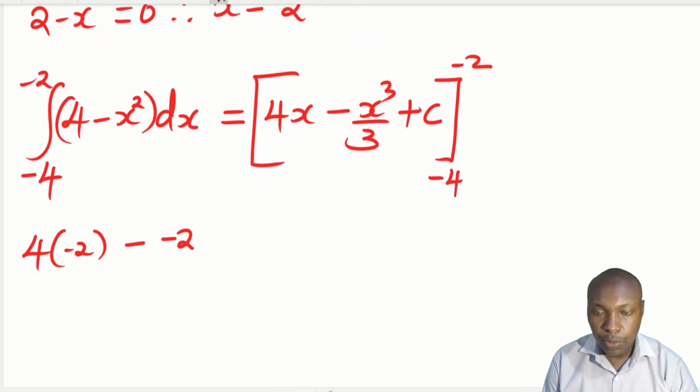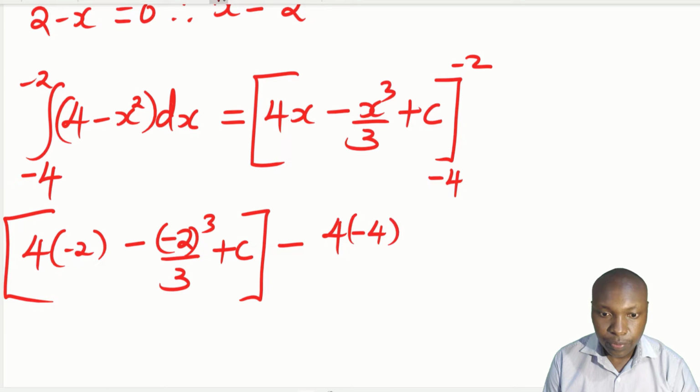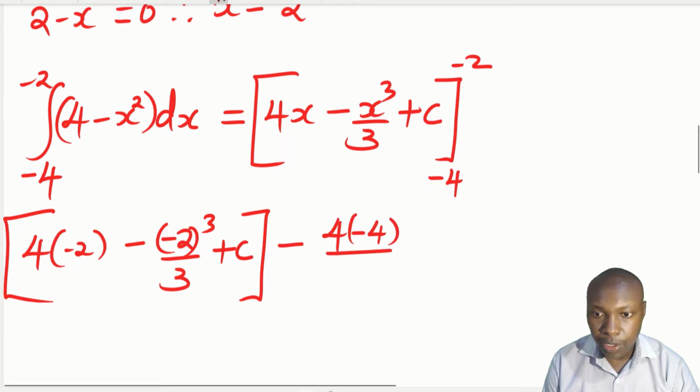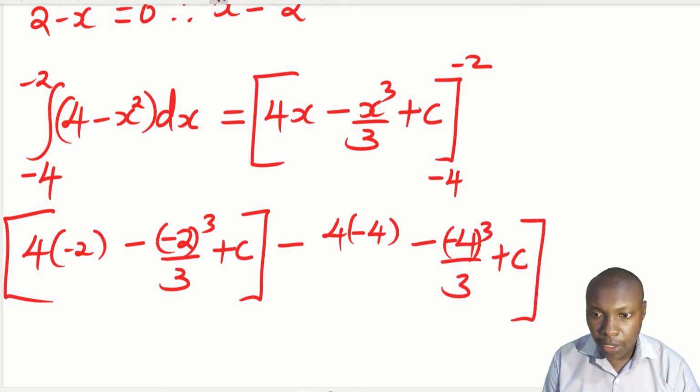Substitute -2 in that equation, you get 4 times -2 minus -2 cubed divided by 3 plus a constant c, in square brackets. Don't forget, these square brackets are very, very important. Then we substitute -4 and subtract, this will be 4 times -4 minus -4 cubed divided by 3 plus a constant c, then close these using the square brackets.